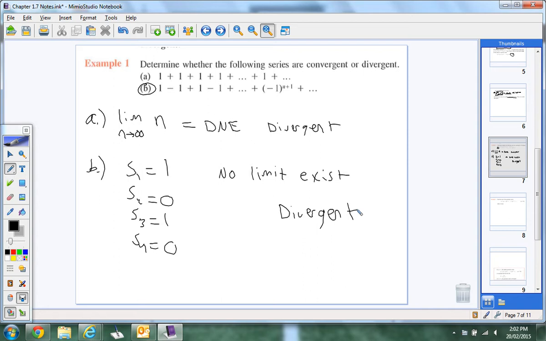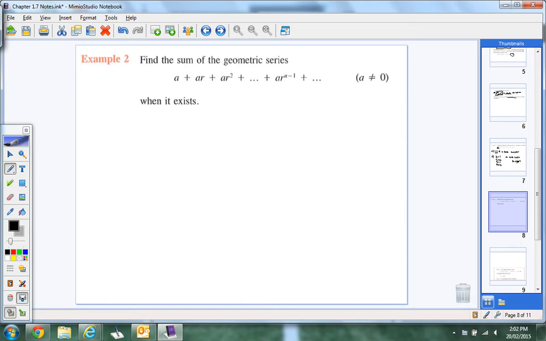Okay, example 2. Find the sum of the geometric series. Geometric means multiplication, remember; arithmetic was adding.